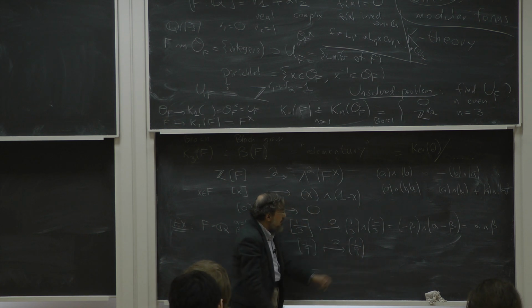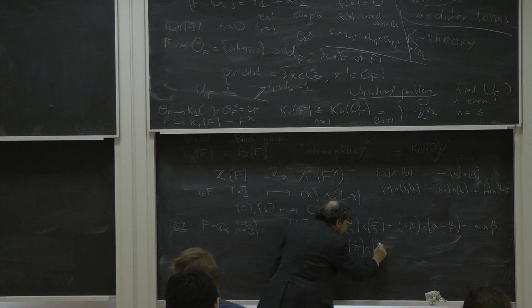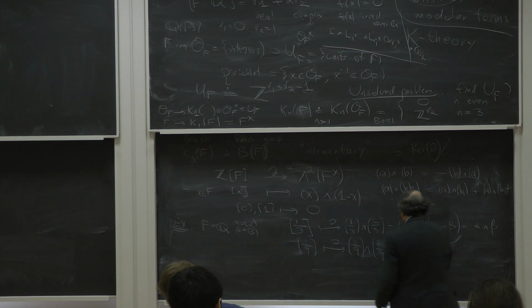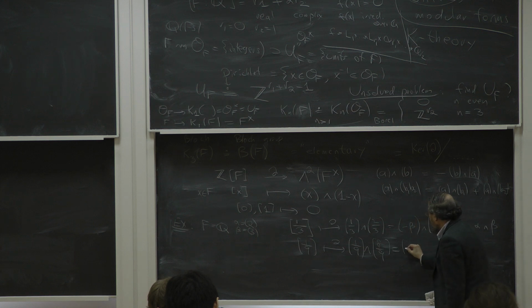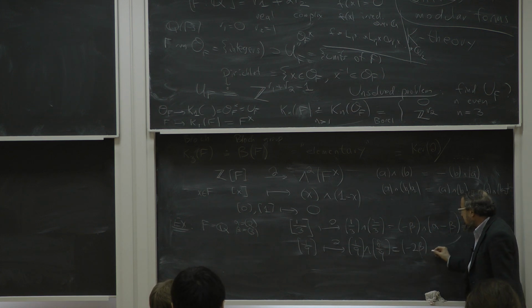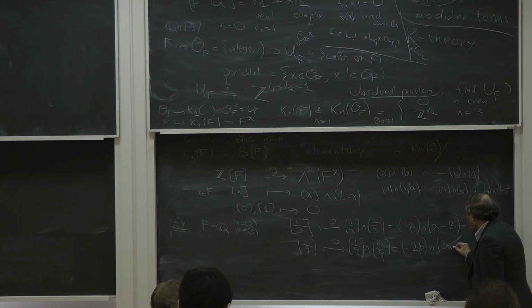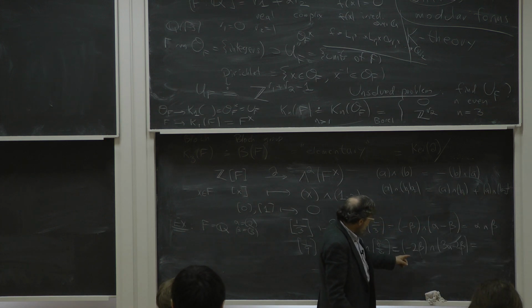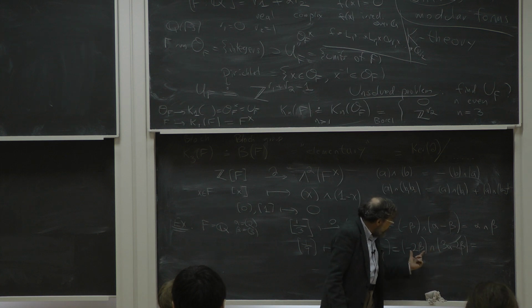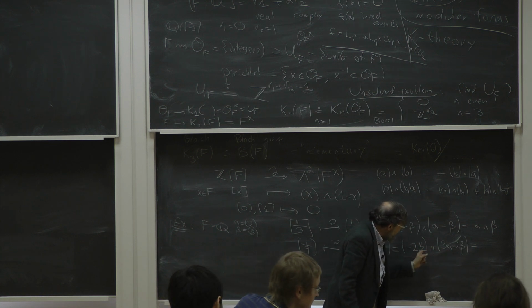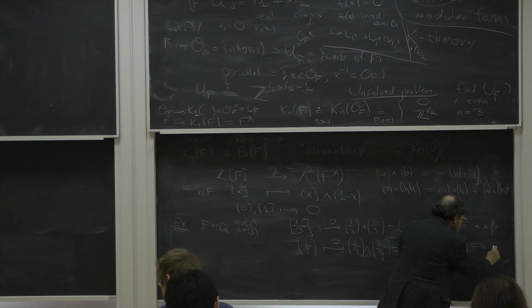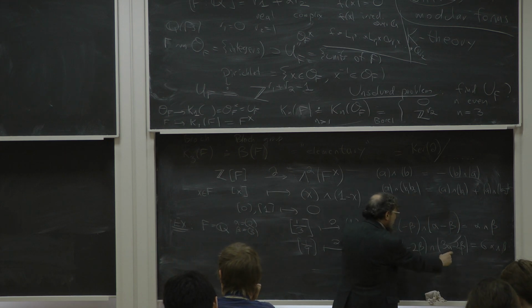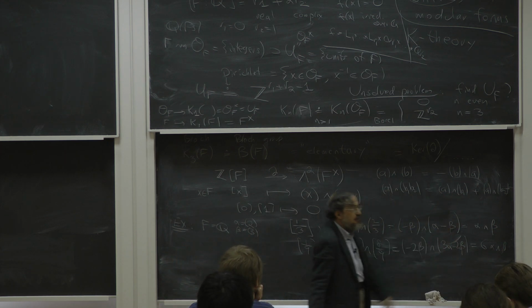Now x is 1/9, 1 minus x is 8/9. So 1/9 is 3 to the power minus 2, so if I write it additively, that's minus 2 beta. 8/9 is 2 cubed divided by 3 squared, so that's 3 alpha minus 2 beta. And again, this symbol is additive, so this is minus 6 times beta wedge alpha, which is 6 alpha wedge beta, plus 4 times beta wedge beta, which is 0.